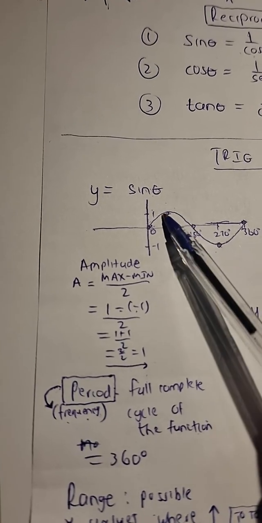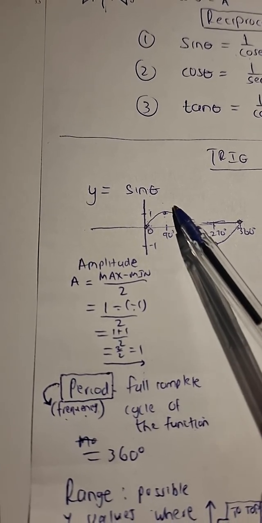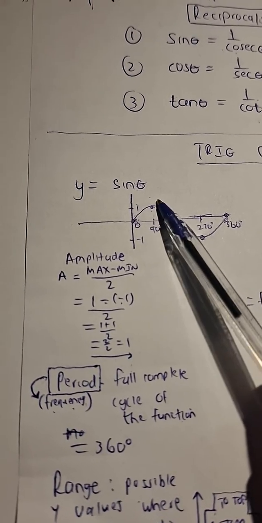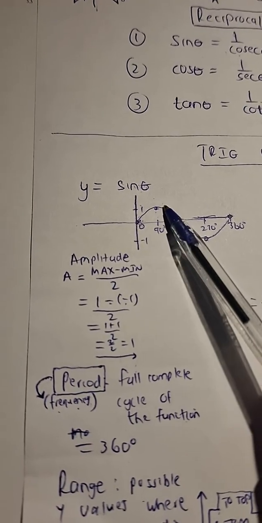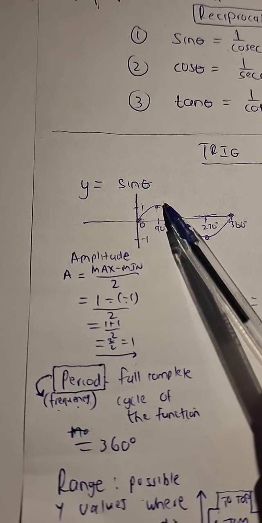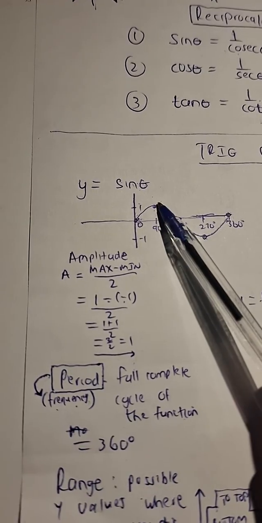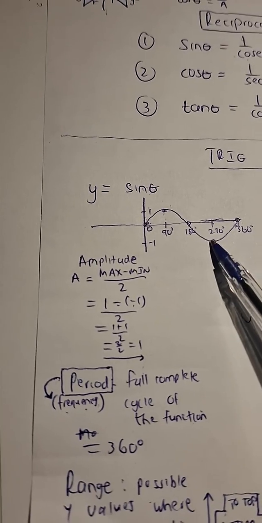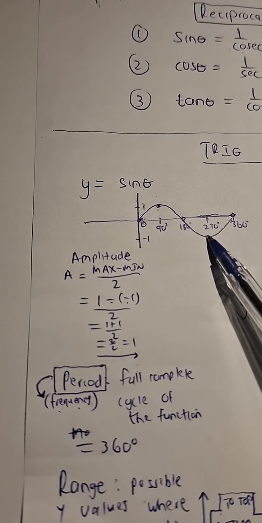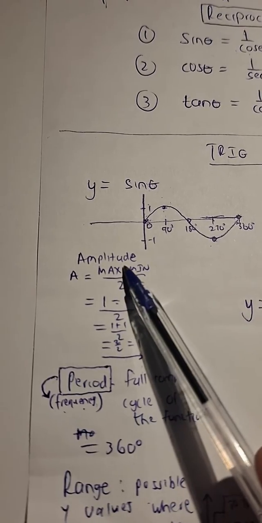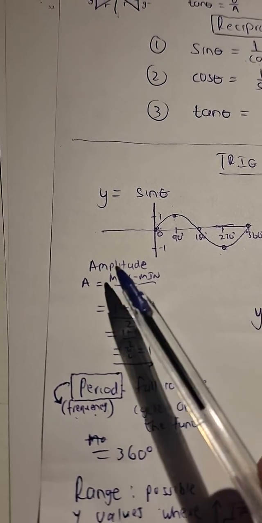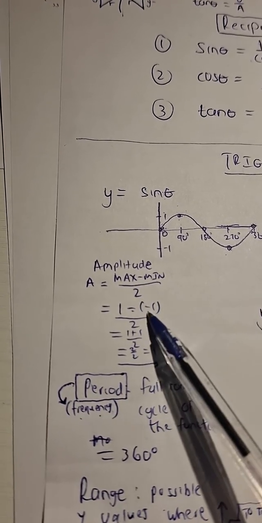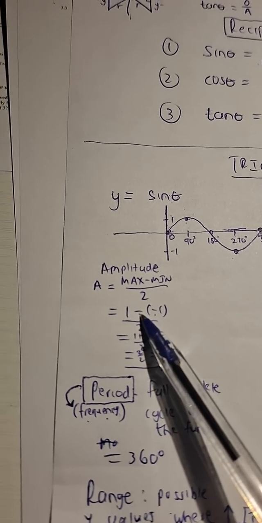By maximum we mean the top value for y. That is maximum. Okay, the highest point that your function reaches. So it is +1 minus the lowest point that your function touches, which in this case is -1. So this formula already has a minus sign. Okay, the maximum is +1, the minimum is -1. The formula already has minus.